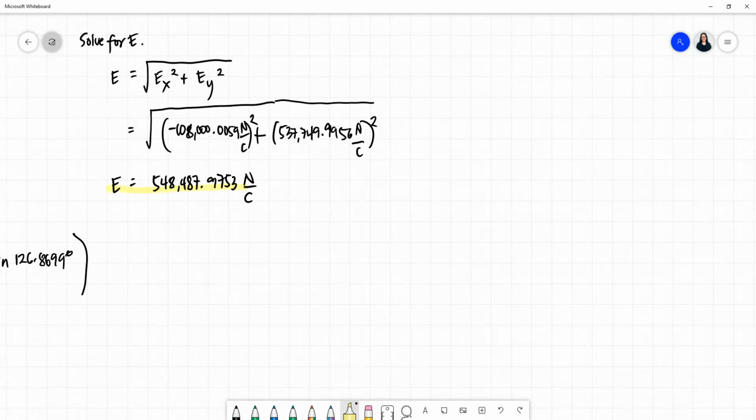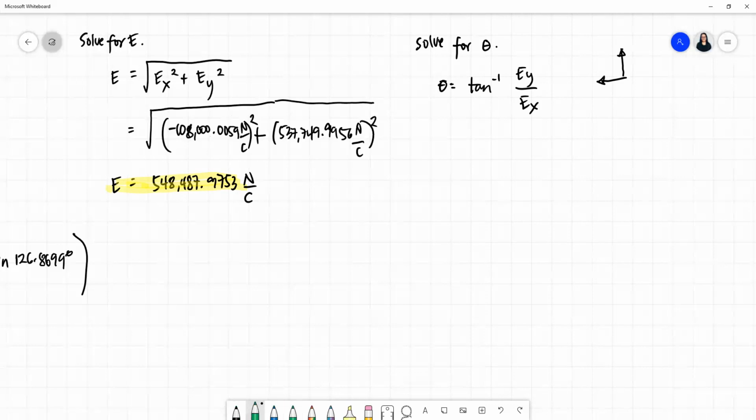Okay, we need to solve for the direction. So for theta, it's a vector quantity. So arc tangent of the y component over the x component. The x component is negative, so it means to the left, and the y component is positive, so it means upward.